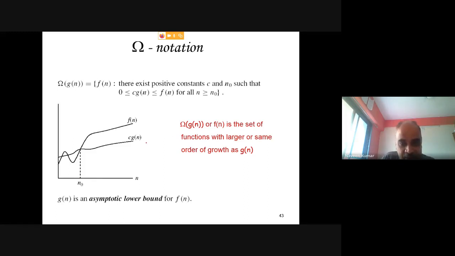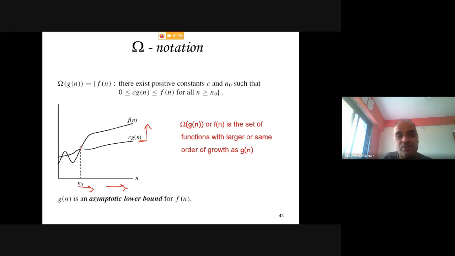So basically f(n), the actual time function, is this, and the g(n) function is here. I am saying that the actual time function should always be greater than or equal to c into g(n). See here, f(n) is greater than this and always remains greater than this for any n after n0.